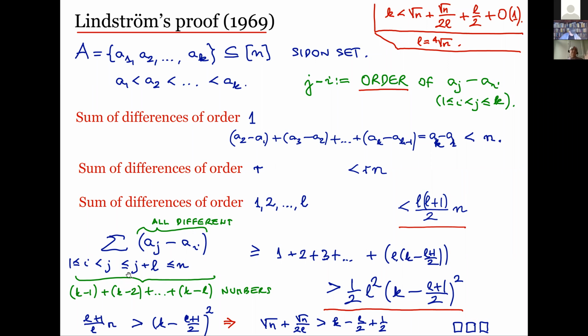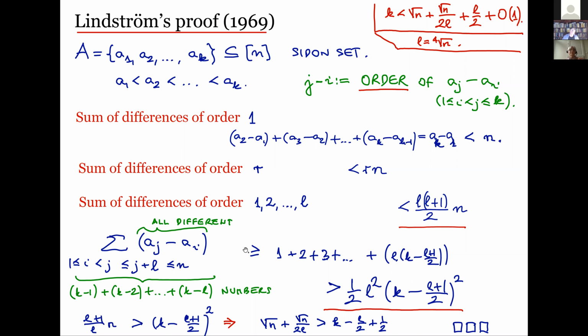On the other hand, these numbers are all distinct. That's where we now use the Sidon property, that in the first row we must have at least k-1 different distances, and in the second and the third row there should be at least k-2 and so on. So altogether we have at least k times L minus L choose 2 different numbers.